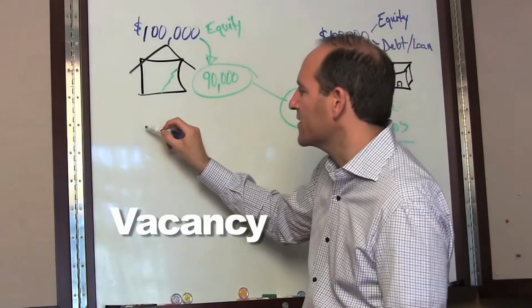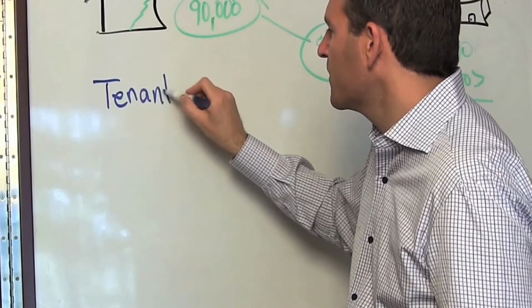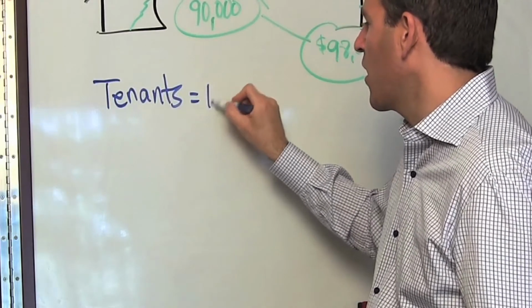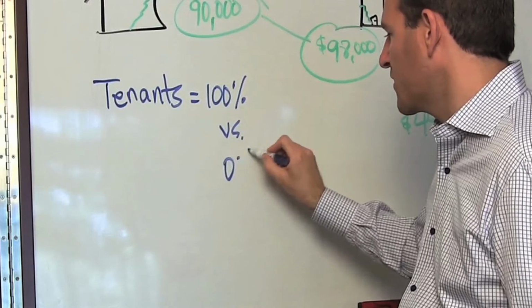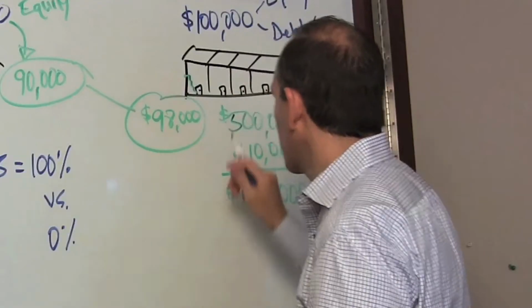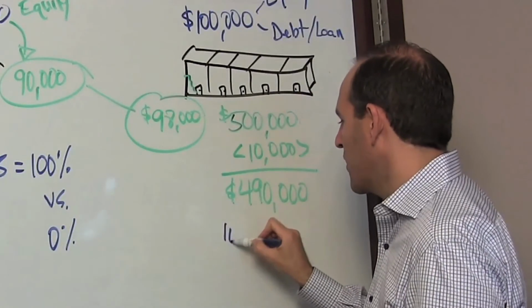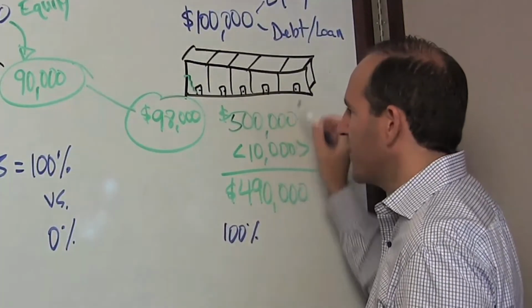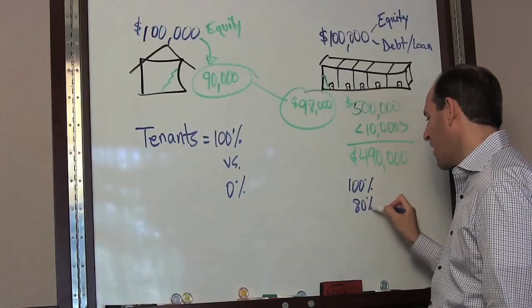There's no tenants. So in this case, the occupancy is either 100%, it's occupied, or it's 0%, it's not occupied. Over here, you've got multiple scenarios. You can be at 100% if all 5 spaces are occupied. If 1 is empty, you could be at 80% occupied.